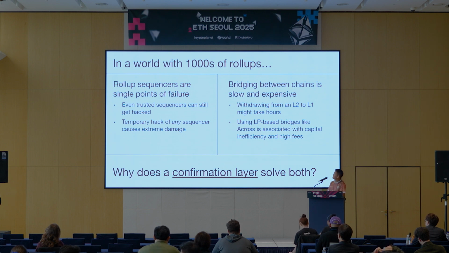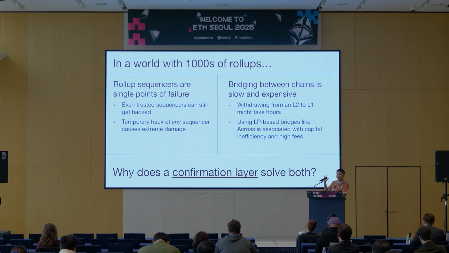I'll talk about that more. And also there is an interoperability problem. If you have thousands of different rollups, with assets and transactions on different chains, it's very difficult to communicate between the rollups you want to use and to move assets between them. So there are a lot of usability problems and also a lot of security problems.